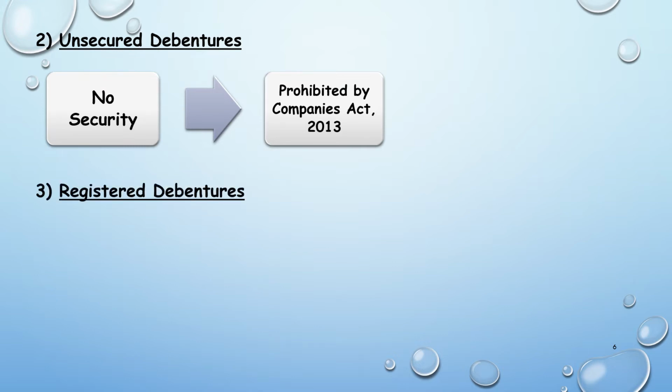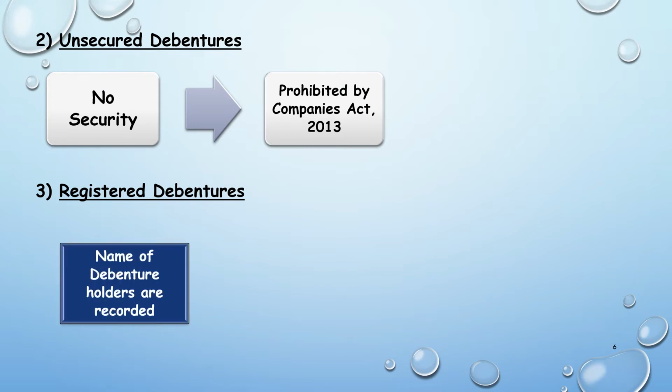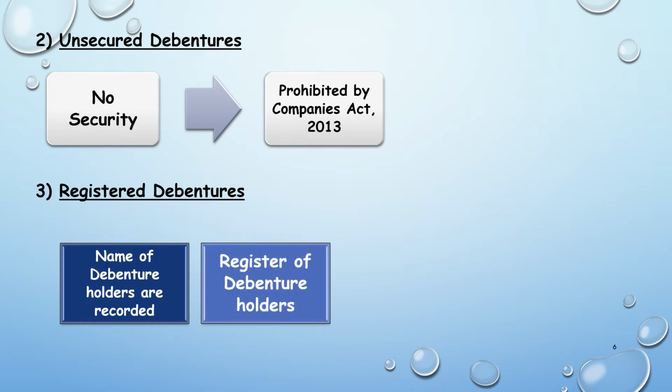The third type of debentures are registered debentures. Registered debentures are those debentures on which the names of the holders are recorded. For this, the company maintains a register which is called the Register of Debenture Holders.